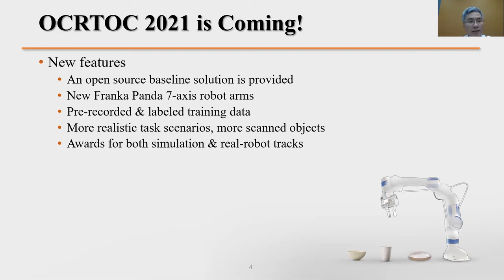And to make the tasks simpler and focus on the more interesting part of perception and planning, we are going to use new Franka Panda 7-axis robot arms. And we also provide pre-recorded and labeled training data to make it easier for the participants to start.